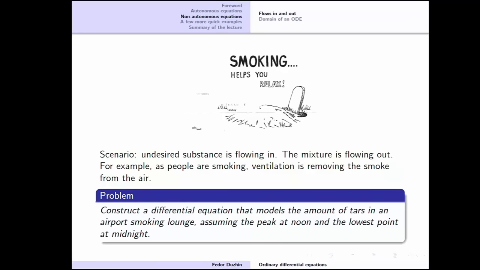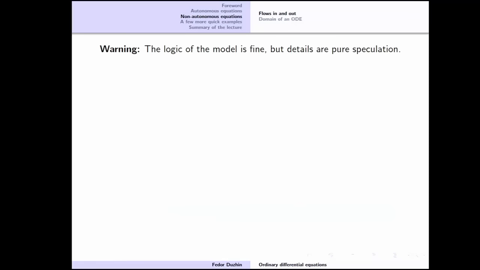To make things more complicated, we are going to assume that at noon there is the largest number of people, so the most smoke, but at midnight there is the least amount of people, so we have the smallest possible inflow of smoke.